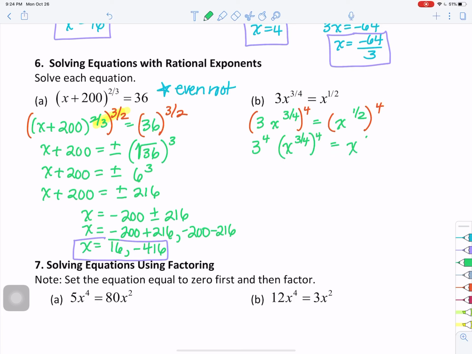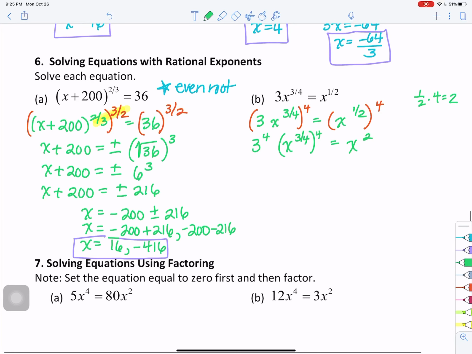And then this is x squared, because 1/2 times 4 is 2. Okay, so 3 to the 4th power is 81. This is x cubed because 3/4 multiplied by 4 leaves x cubed, so 81x cubed equals x squared. So we're going to subtract x squared from both sides.